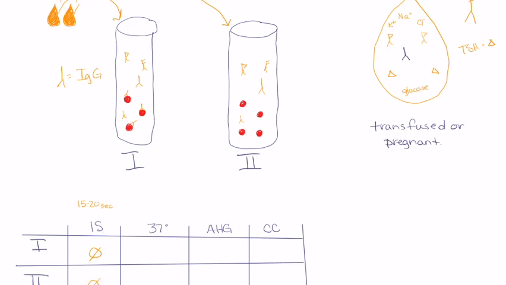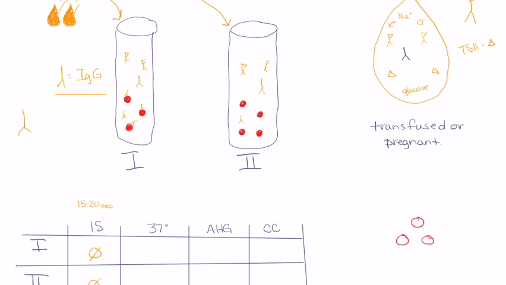So we will not see any agglutination in that tube because IgG antibodies, for one, are small, and so they cannot make that lattice. Remember, we like to see this lattice.